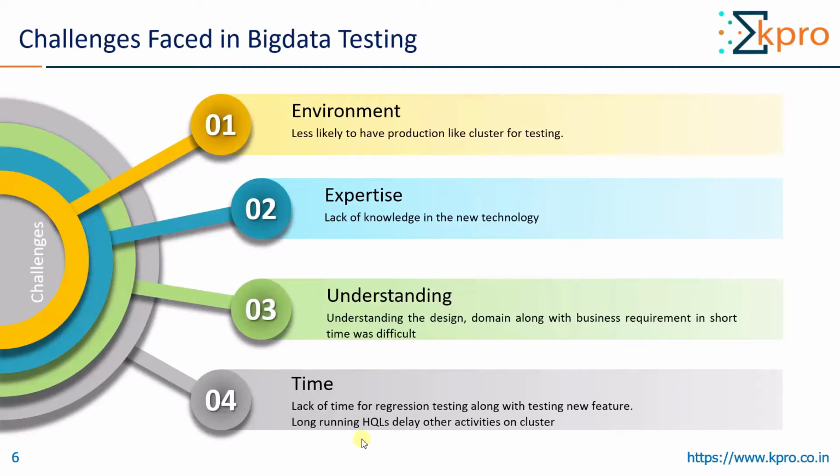Every time the build is given to testing, the time was not enough for regression testing along with testing the new features. And the HQLs developed by testers were running for longer time, and it used to hamper other activities on the cluster. So these are some of the challenges which we had faced in our past project.